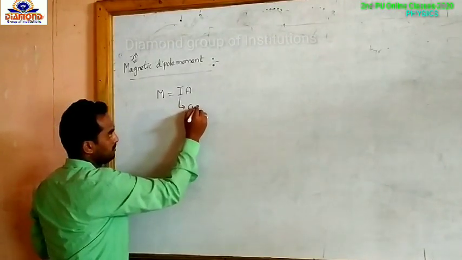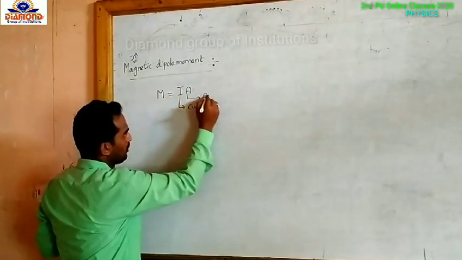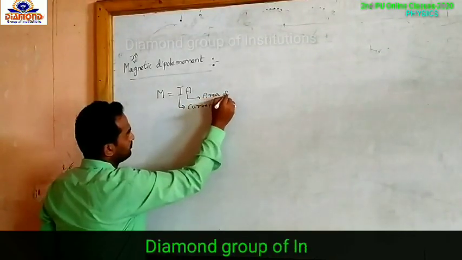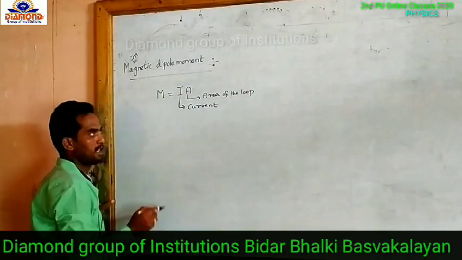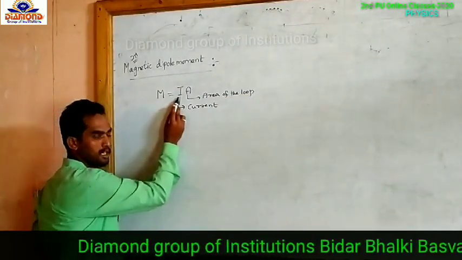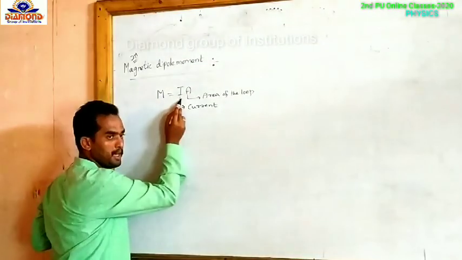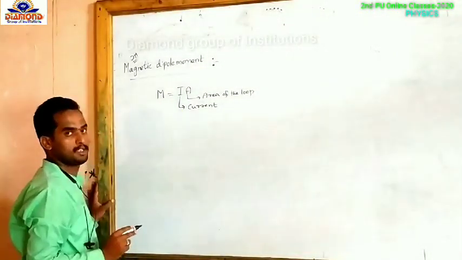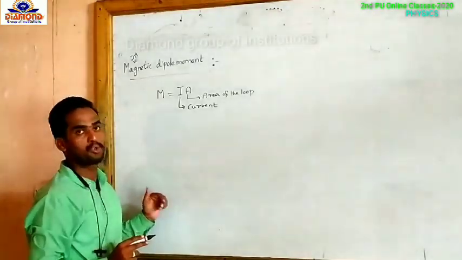Current. What is A? Area of the loop. So we can say directly the product of the current and area of the loop is called magnetic dipole moment, and its direction is always perpendicular, from south pole to north pole.